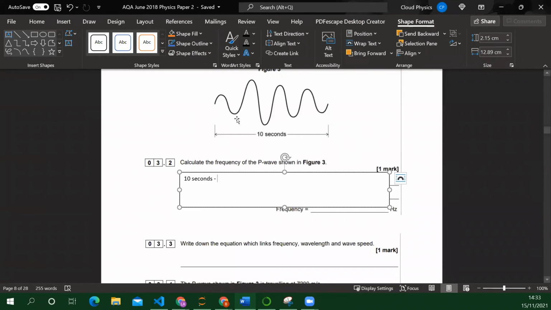Check that again. Oh, I miscounted, because I did it peak to peak. Let's do peak to peak. It's easy to make a mistake with this one because it's got a strange shape. 1, 2. So 2 wavelengths.